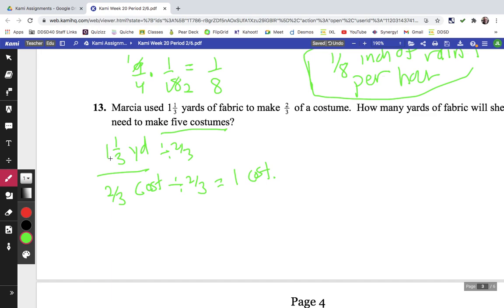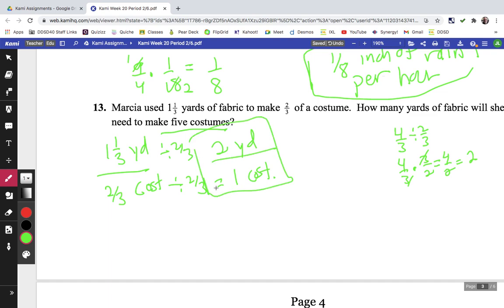So I'm going to take 1 1/3, change it to an improper fraction. I'm just going to do the arithmetic over on the side. That's 4/3 divided by 2/3, which is the same as 4/3 multiplied by 3/2. And those 3's are going to cancel out. That's 4/2, which equals 2. So that's kind of nice because it takes 2 yards for 1 costume.